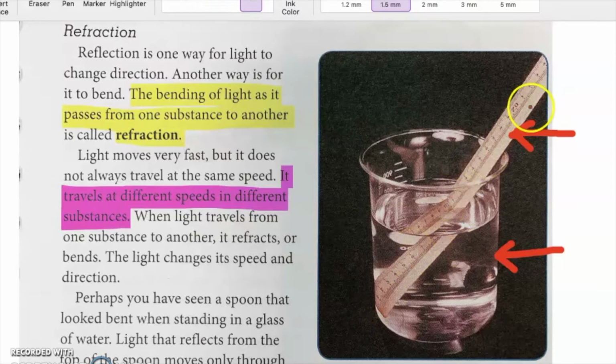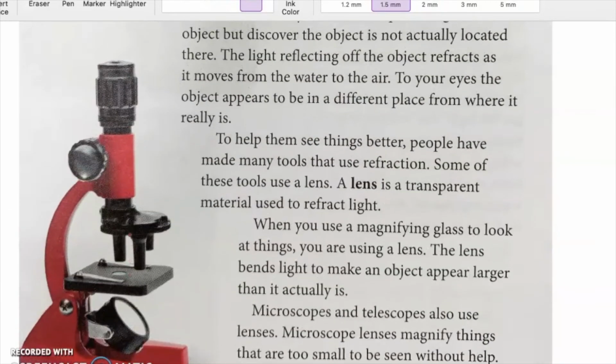So even though this is a straight ruler, because the substances are different, we see a different angle for the ruler. That's what I mean by refraction. It's changing the angle. And why do we have refraction? It's because light is traveling at different speeds in different substances. Okay? Then let's go to lens.